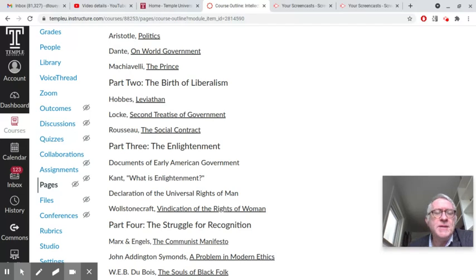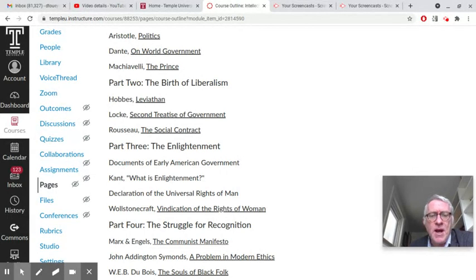We will look at documents of early American government, the Declaration of Independence, the Constitution of the United States, a little bit of the Federalist Papers, but also the German philosopher Kant's great essay, What is Enlightenment, where he tries to capture this spirit of progress towards a juster, more rational society, which is so much a part of the idea of enlightenment.